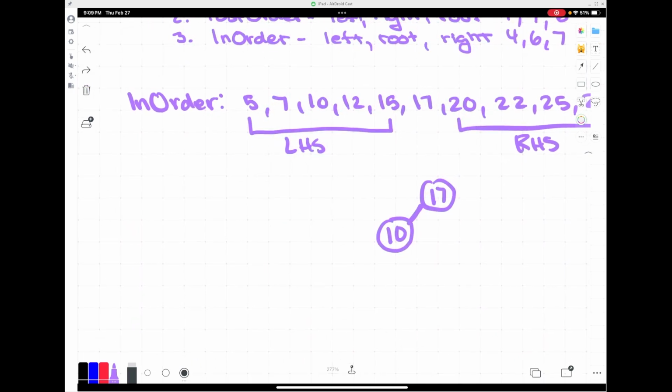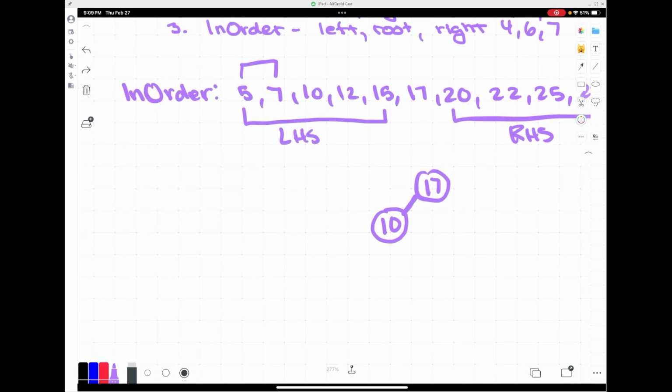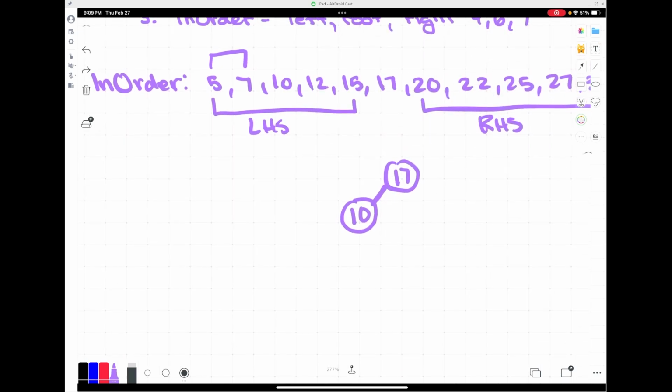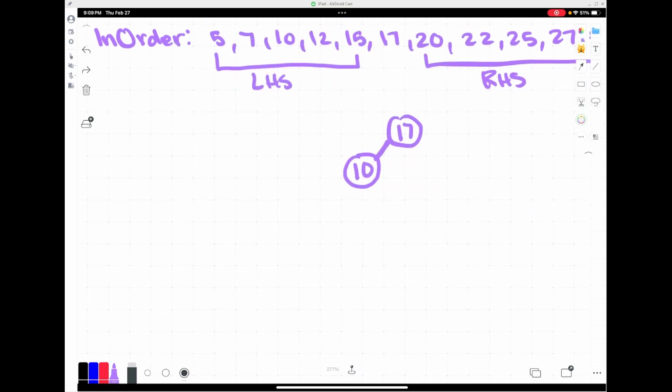Okay, so what is less than 10? 5 and 7. Now, to pick this number, we're going to pick whatever is closest to the middle of the list of this entire left-hand side. So it's going to be 7, because 7 is closer to the middle.